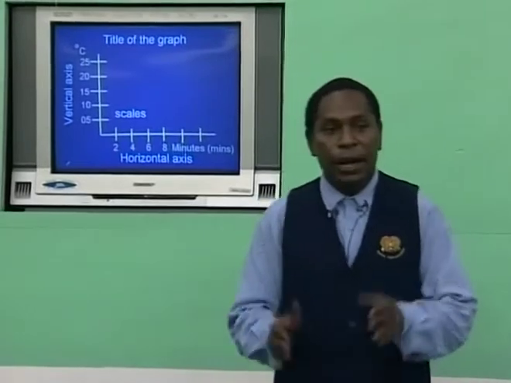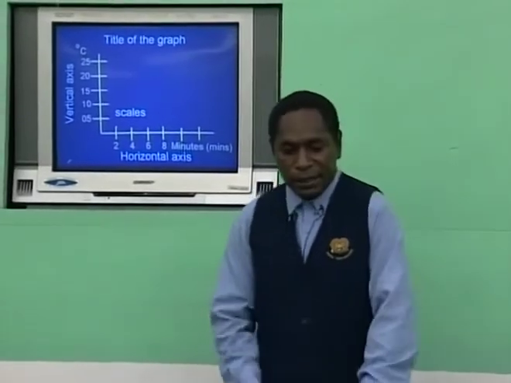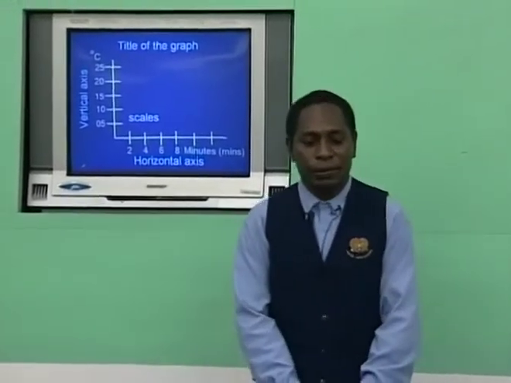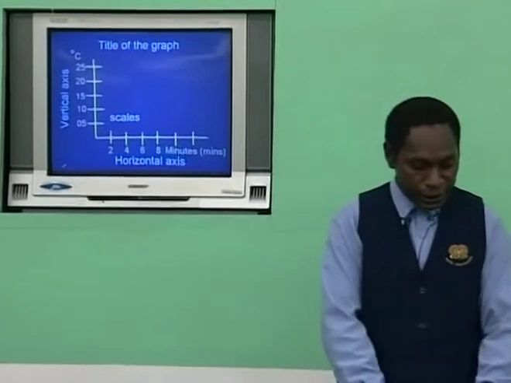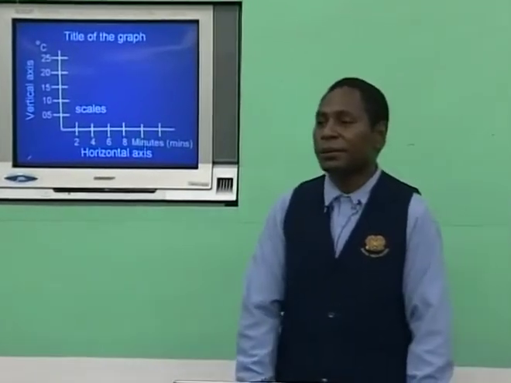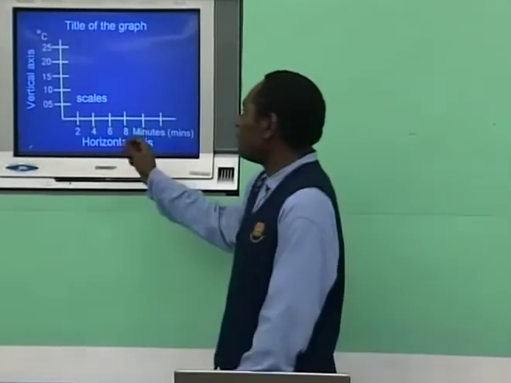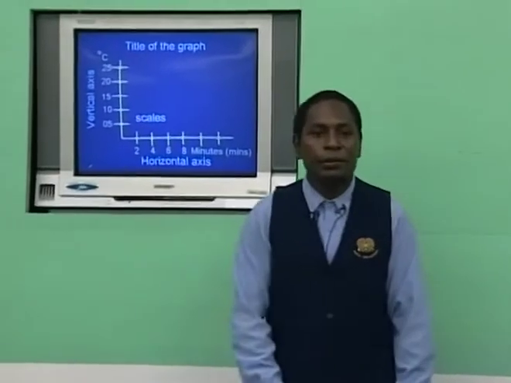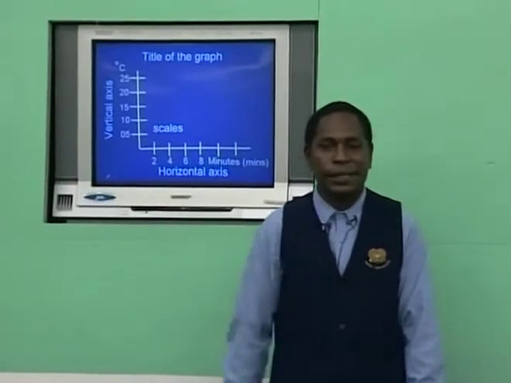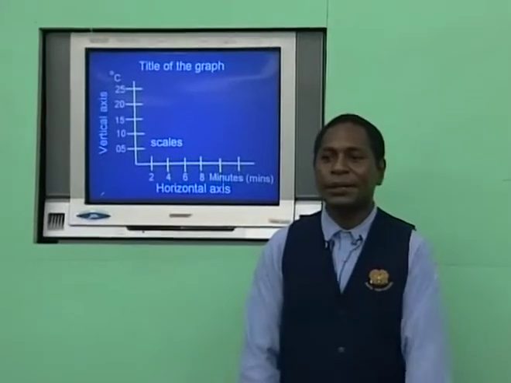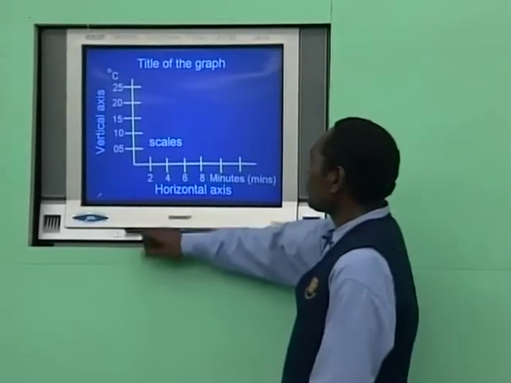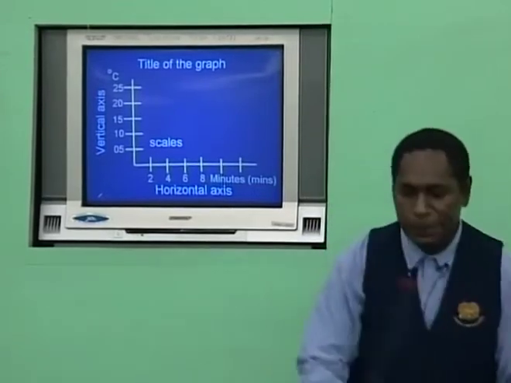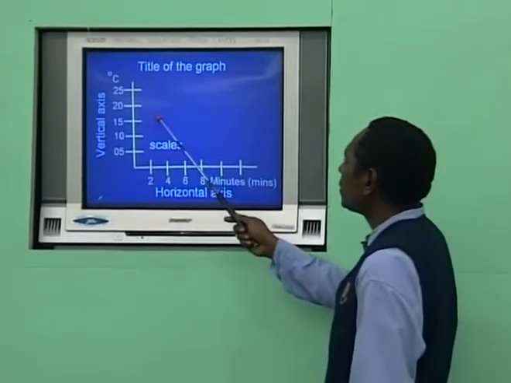Good. Now, after you get the scales, the next thing we do is what? We plot along the axis the correct reading. Take, for example, if on this graph we were to plot 17 degrees Celsius, then we would put it somewhere there, right?